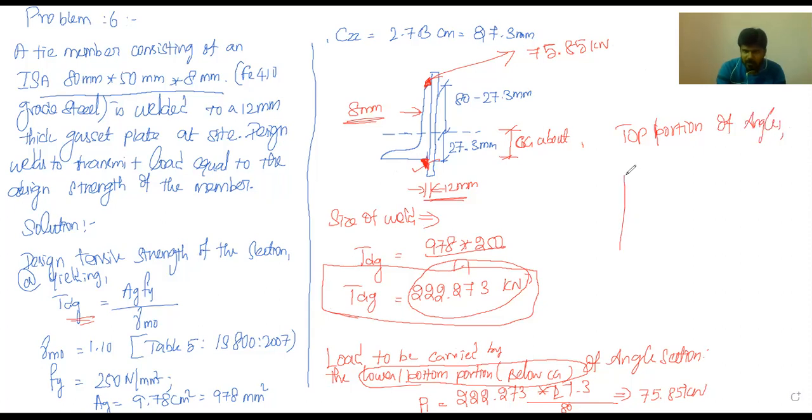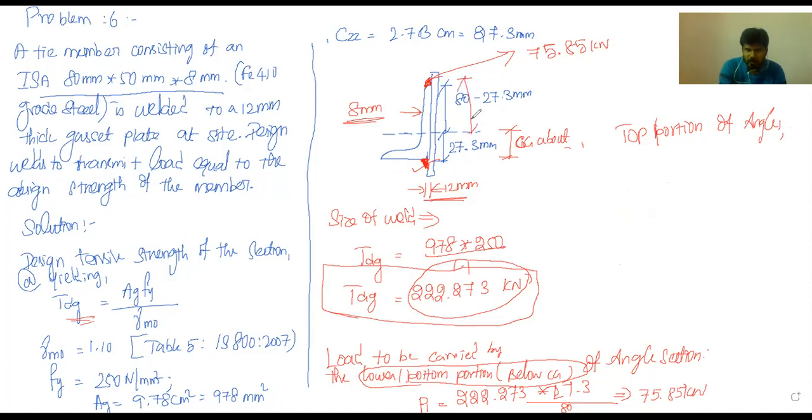Normally we are going to place the angle like this, okay, but in the given problem, in the figure they have mentioned like this. So in the top portion, the remaining distance we are going to set.